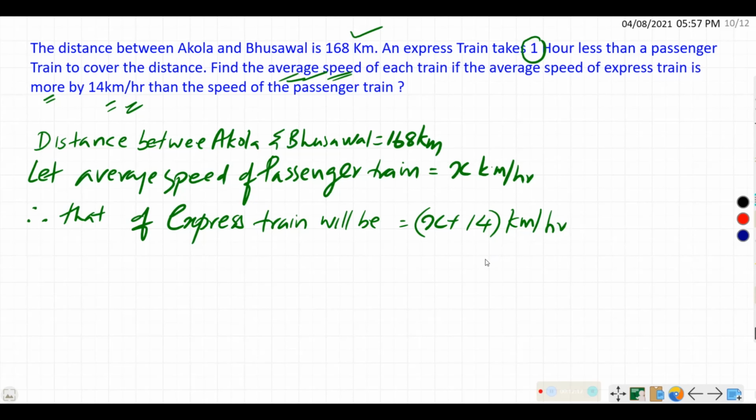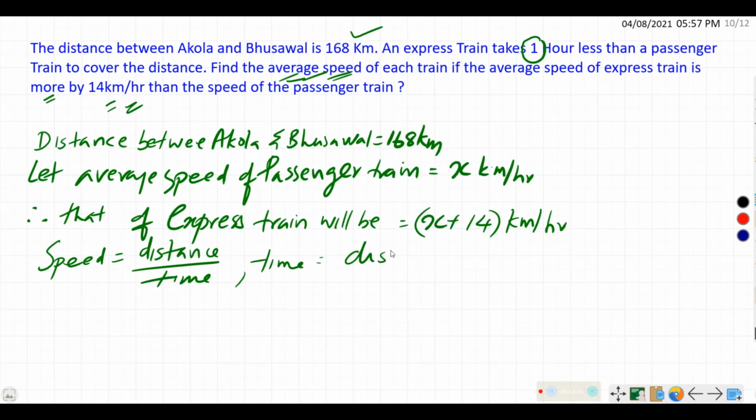Another interesting thing is there is a 1 hour difference between the time taken, which is a clue for us to go ahead. We know that speed is equal to distance upon time. That means time taken will be calculated accordingly: distance upon speed.